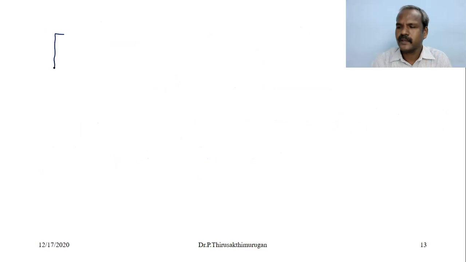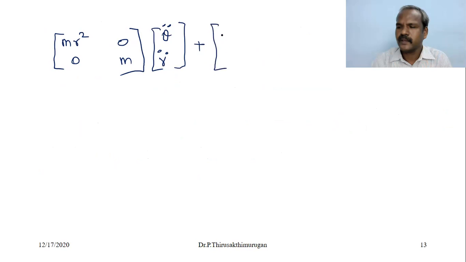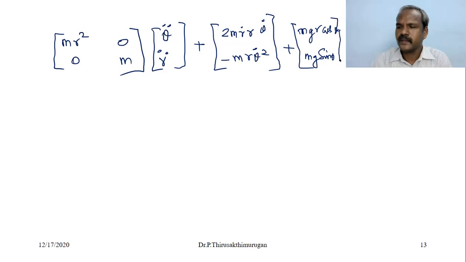The convenient form for manipulator dynamics is the matrix [m r square, 0; 0, m] times [theta double dot; r double dot], plus [2 m r dot theta dot minus m r theta dot square], plus [m g r cos theta; m g sin theta], equal to [n; f].